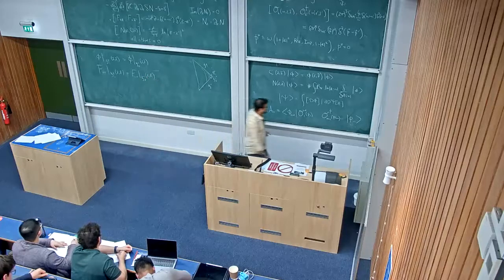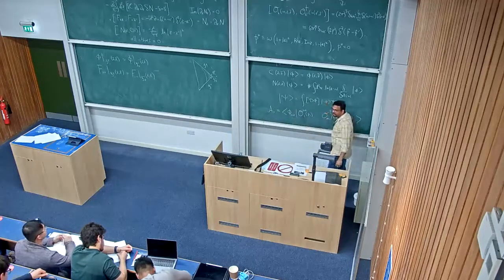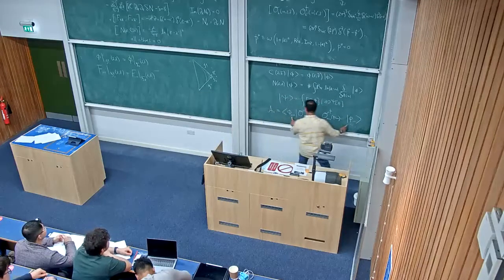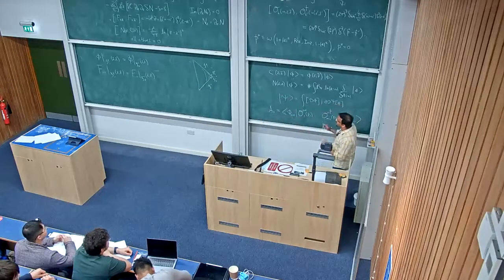Earlier I said that these two vacuum states have to be different. Now I'm saying that they have to be the same. What I said earlier was wrong. It's not these two vacuum states, it's the vacuum states that diagonalize n, which I didn't talk about here.